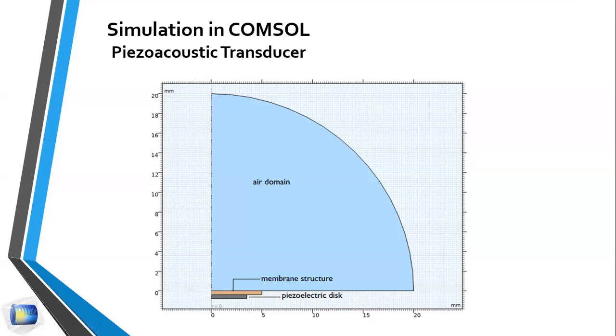Also, this is a cylindrical simulation. It has a rotational symmetry, so again we can take advantage of 2D axisymmetry in COMSOL Multiphysics. I switch again to COMSOL.